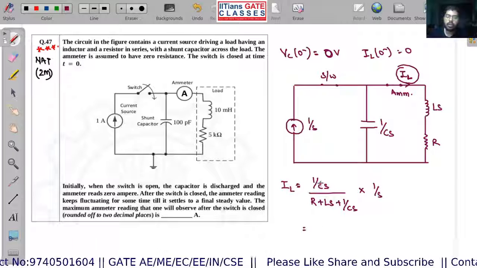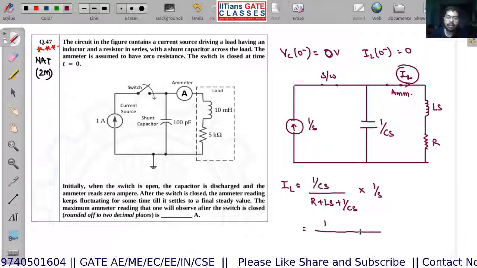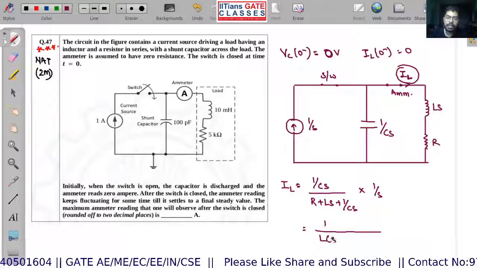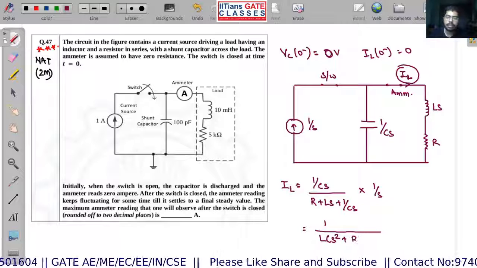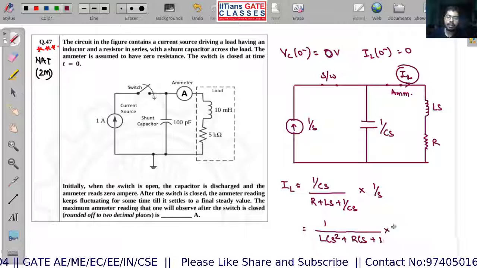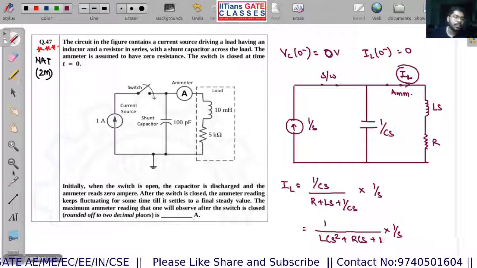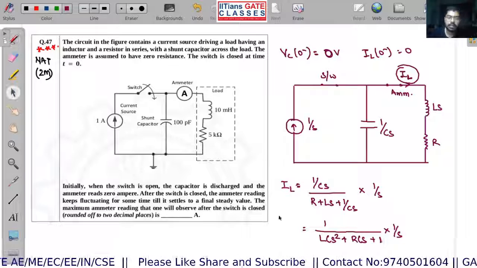Now I will multiply numerator and denominator by Cs. So this will be 1 divided by LCs square plus RCs plus 1, into 1 by S. Let me take LC common and solve this on the next page.